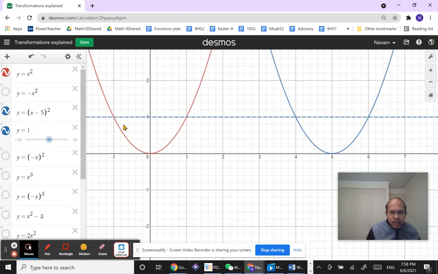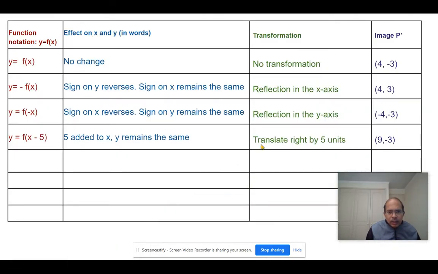If we use the guideline y equals 1, and check points on these two curves at corresponding positions, you can see that the x value has increased by 5 in the case of y equals x minus 5, the whole squared. So what does this mean? This means that you translate right by 5 units. That is the transformation. The image has the value of x 5 more than its original value and the value of y the same.